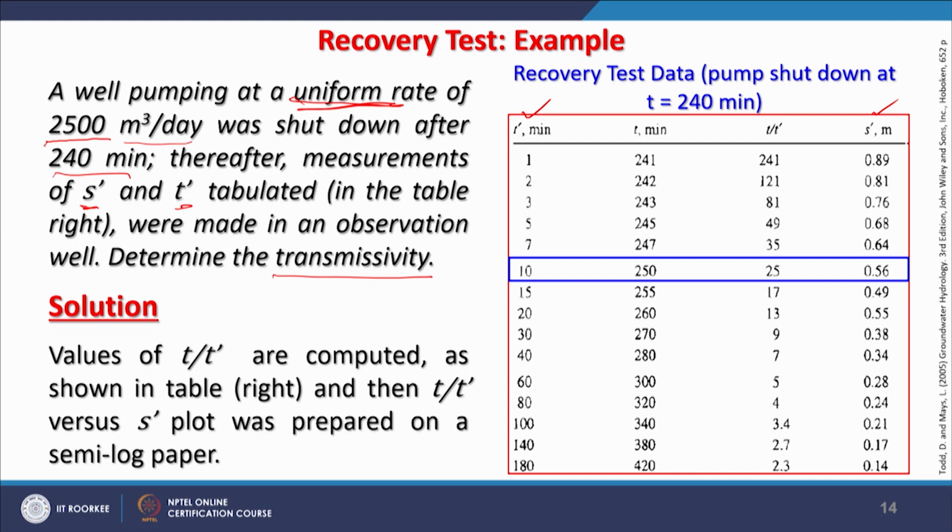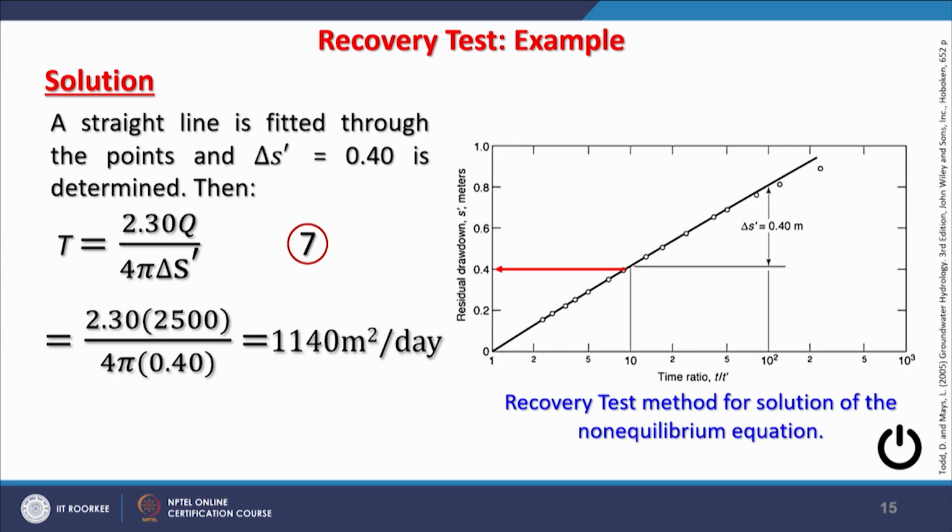Now the solution: t upon t' is computed, as also shown here, and then a plot of t/t' versus s' is prepared on semi-log paper. In this example we have t/t' on the x axis and residual drawdown s' on the y axis, and again it is a straight line, which you can see here.